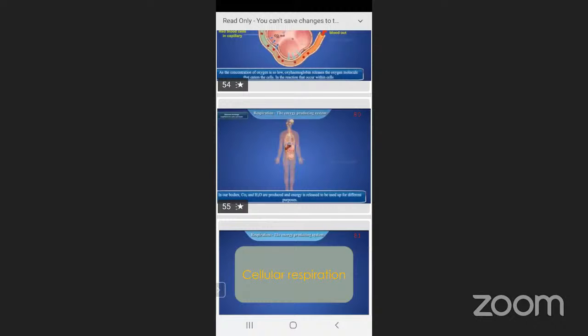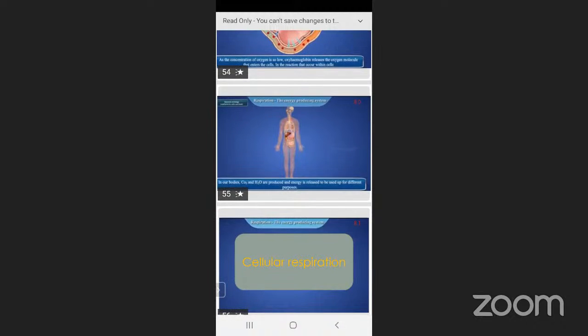That released energy can be used up for different purposes.